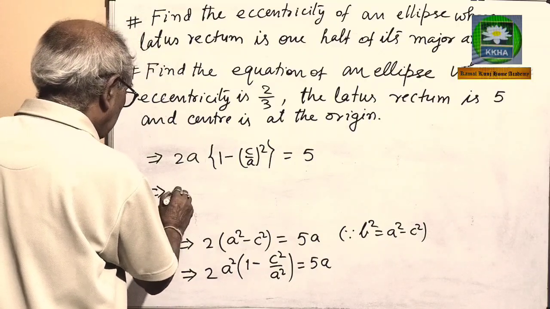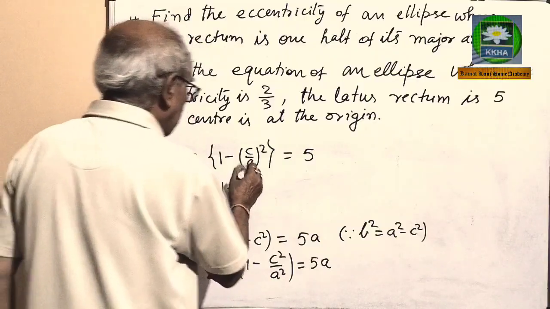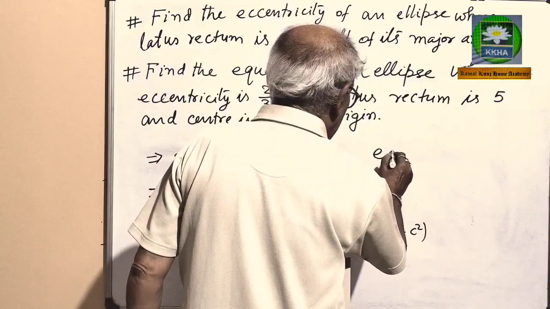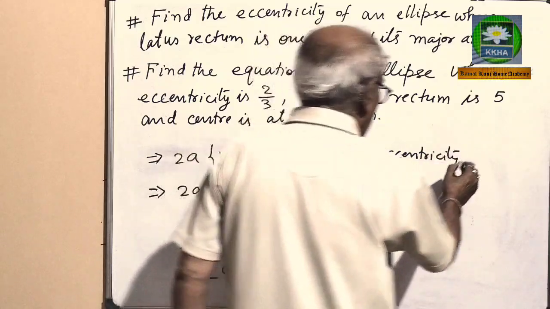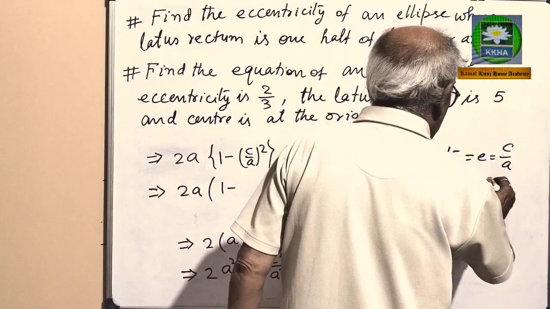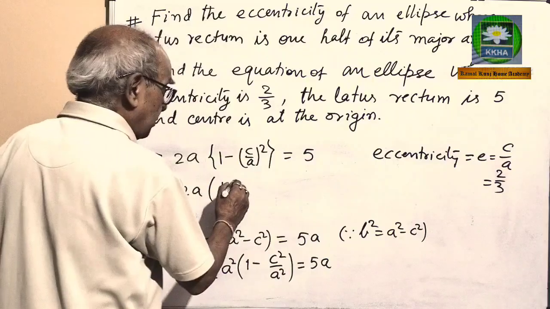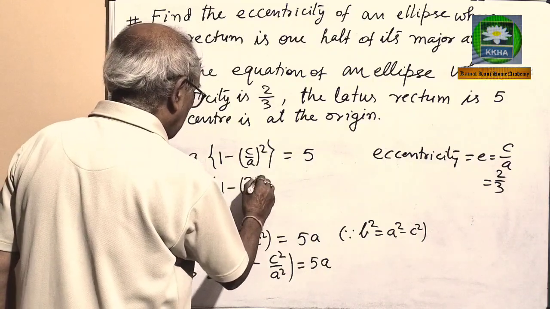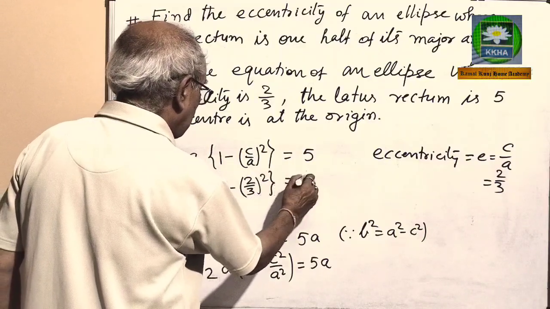Here c upon a is the given eccentricity e. Here it is given 2/3. So this is given 2/3 whole square into 5.